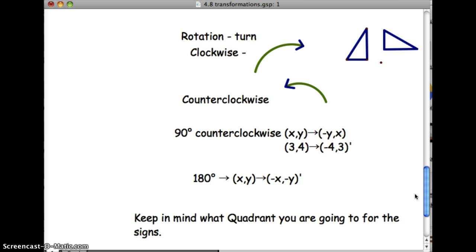Basically, if you don't think of things in terms of opposite, you're looking at negative and positive. When you do a rotation or a translation or a transformation, if you go from quadrant 1, which is all positive, to quadrant 3, that's all negative, make sure that your coordinates or your ordered pairs reflect that. All right, any questions?